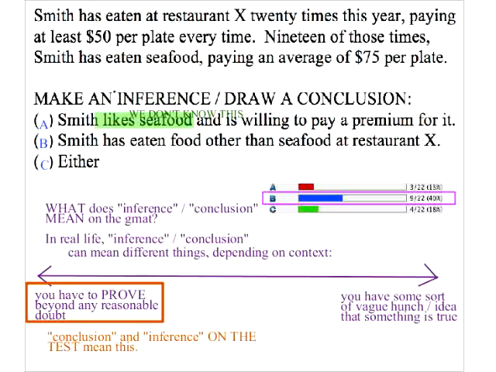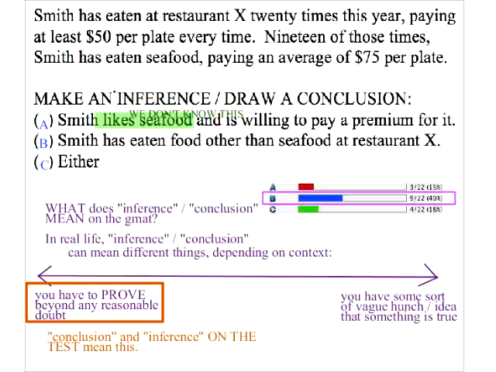Maybe restaurant X is a seafood restaurant and only has other food on special occasions. The point is there's a whole lot of perfectly reasonable reasons why Smith might be eating so much seafood besides Smith liking seafood. So this is not proved beyond any reasonable doubt; there are plenty of reasonable doubts here.